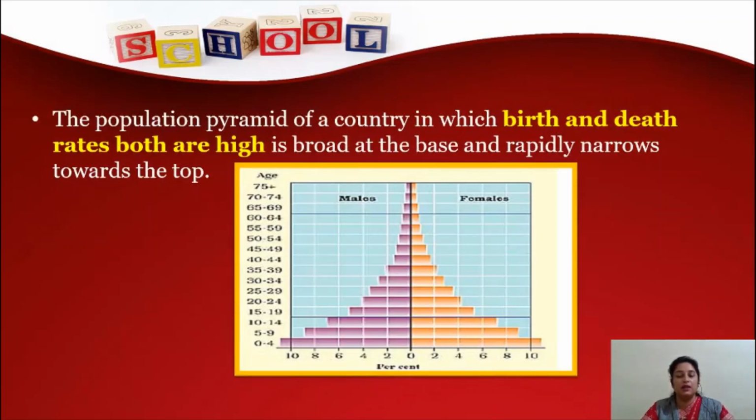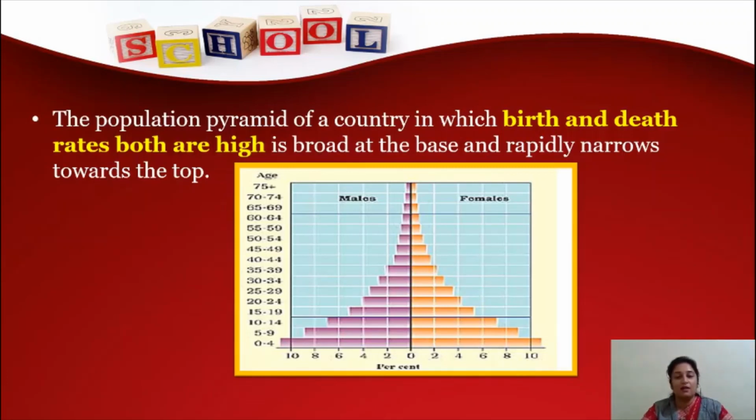Now, let us understand this population pyramid. As you can see, this population pyramid is very broad at the base, but as we move upwards, you can see that it is narrowing down, and towards the tip it completely narrows down. From this population pyramid, we can understand that in this country the birth and the death rate both are very high.